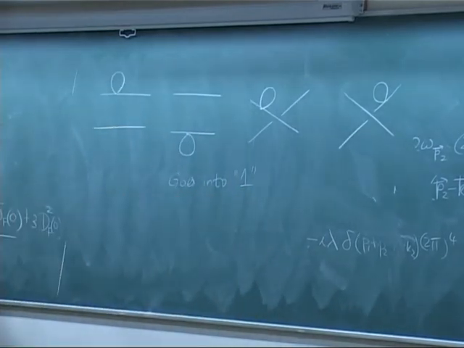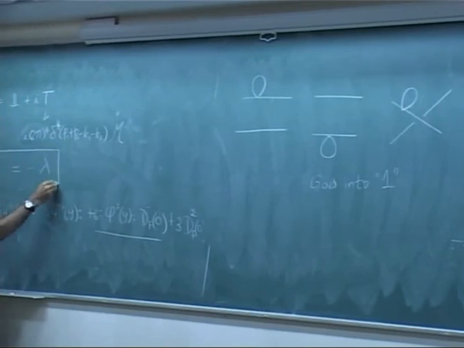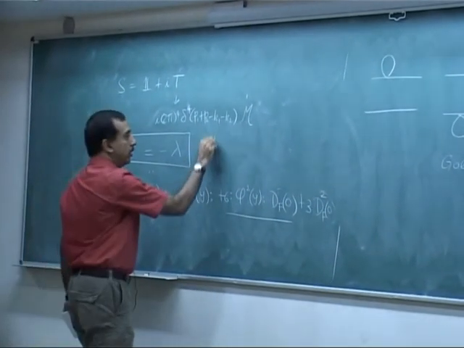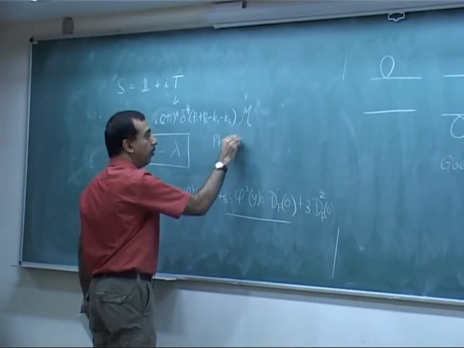So finally we learn that to lowest order, M is minus lambda. And we've learnt a very, very important result. Physical meaning of the coupling.